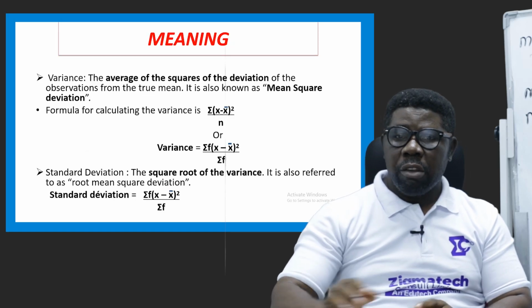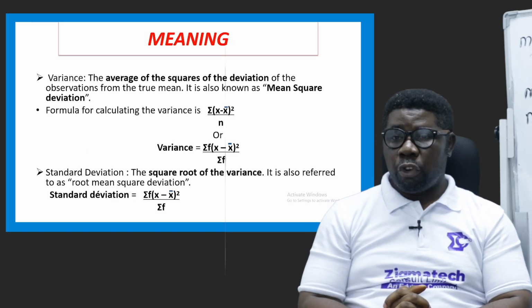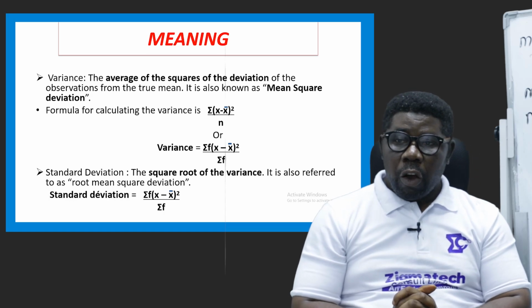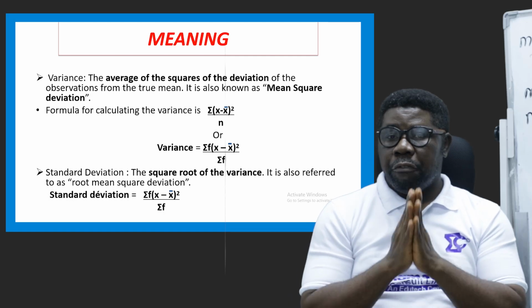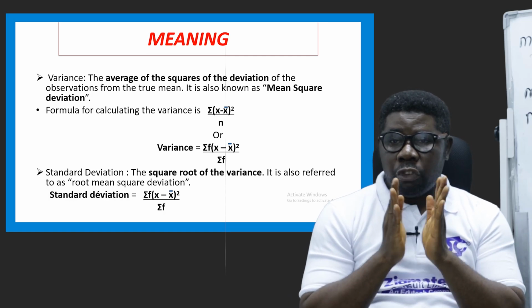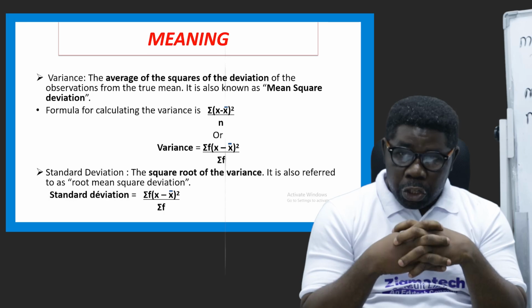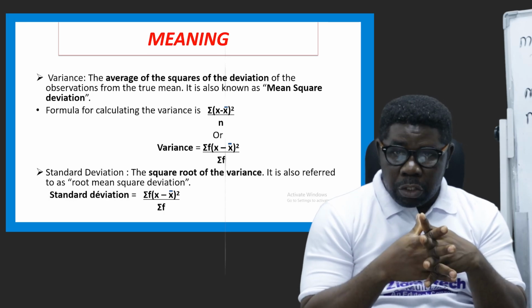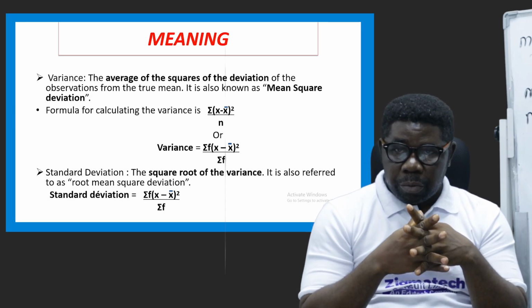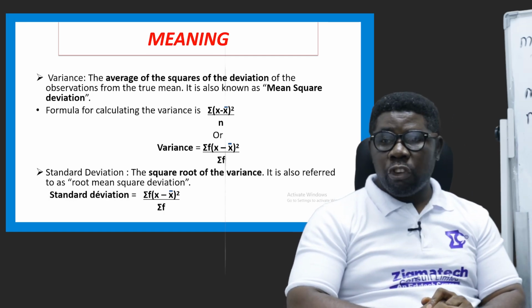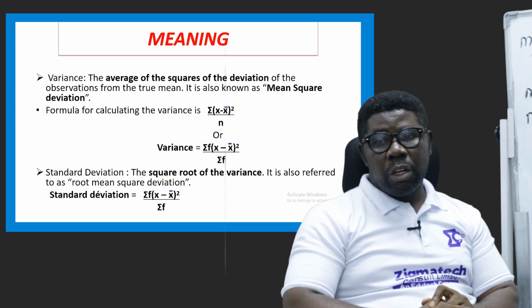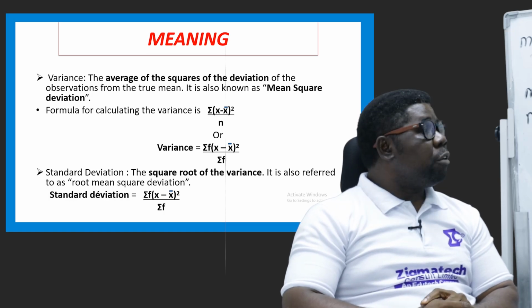What is the variance? This is the average of the squares of the deviations of the observations from the true mean. It is also called the mean square deviation.